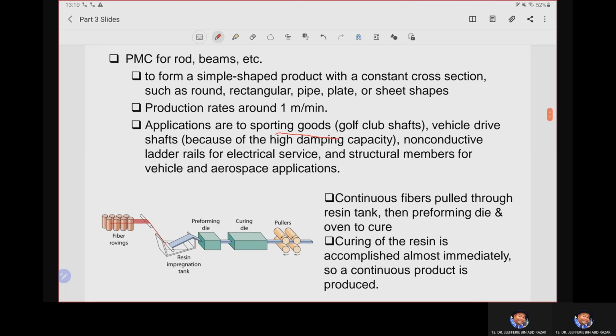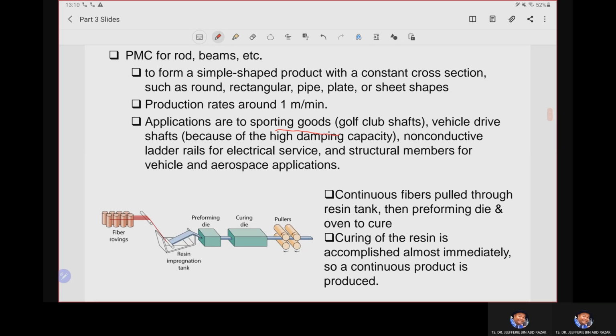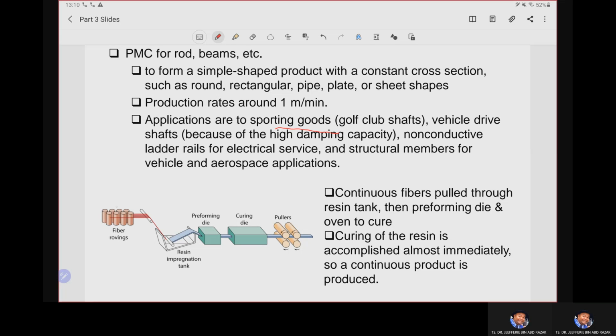In the pultrusion process, basically the continuous fibers are pulled through, somewhat similar to the prepreg operation. We have the supply of fiber in roving form. They are pulled through the resin tank, located here, where we supply the polymer matrix. We wet the fiber before entering the preforming.